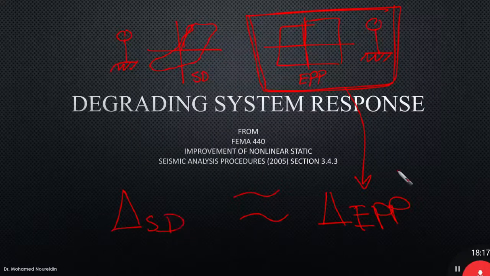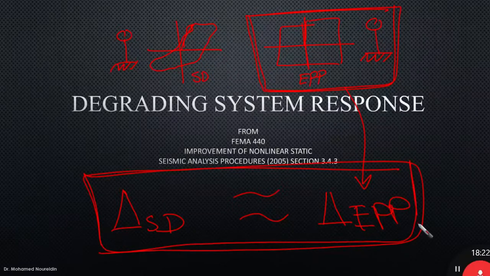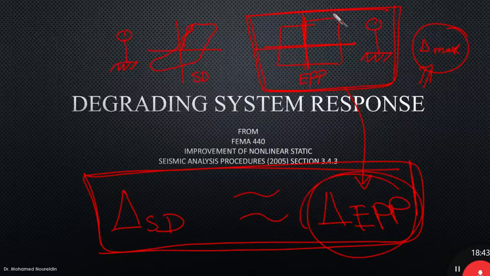Okay, what is the importance of this? It is of great importance actually, because if you are interested in delta maximum of the system, which is the most common case for us, then you can just use this hysteretic rule, the elastic perfectly plastic, and obtain delta EPP. This model is easy to implement, and then we can obtain the maximum response.